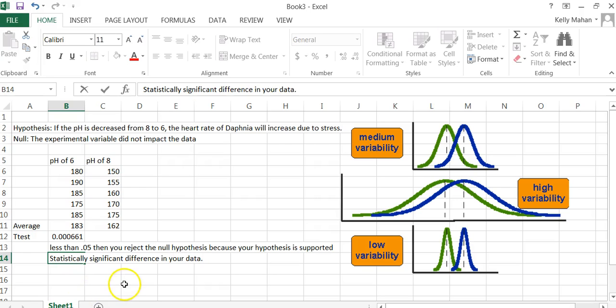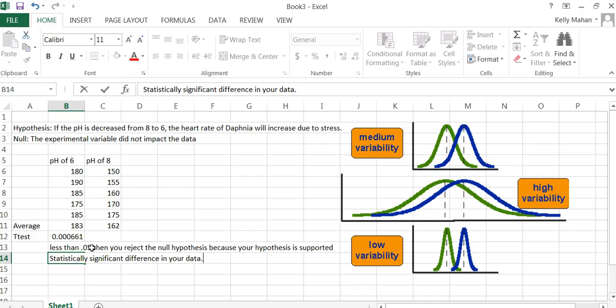Okay? So this number is definitely less than 0.05. That means I can say my hypothesis is supported and I'm rejecting the null. The null, remember, says the experimental variable did not impact the data. I reject that. I think it did impact the data. So I'm going to say my hypothesis was supported.